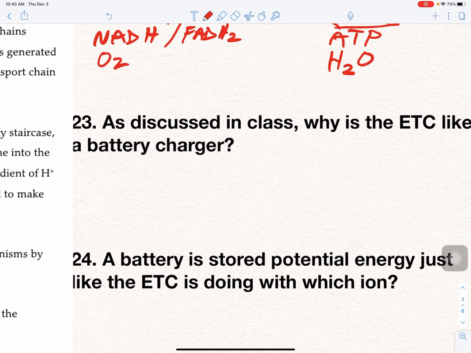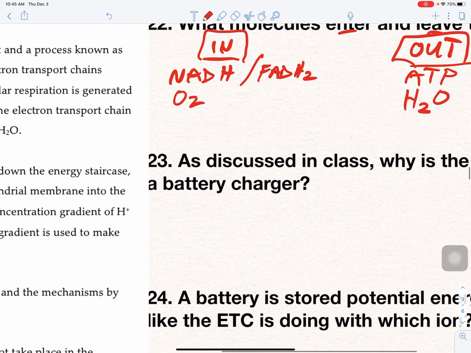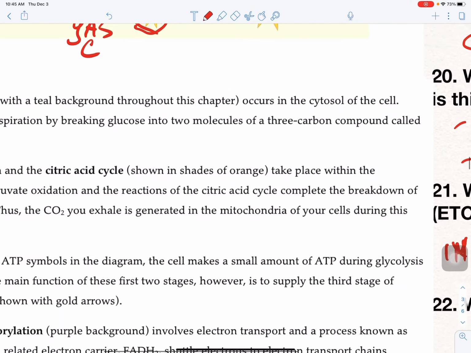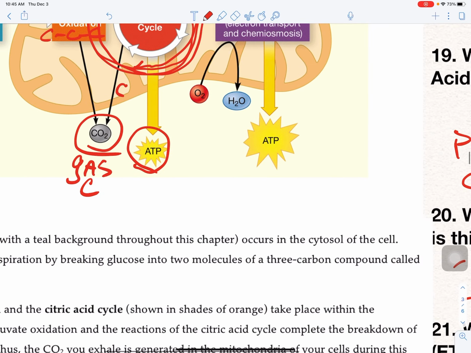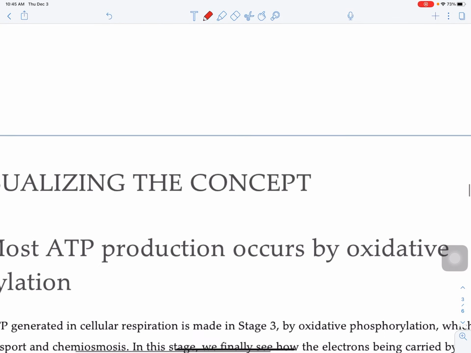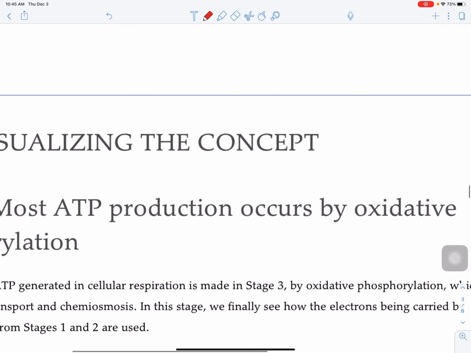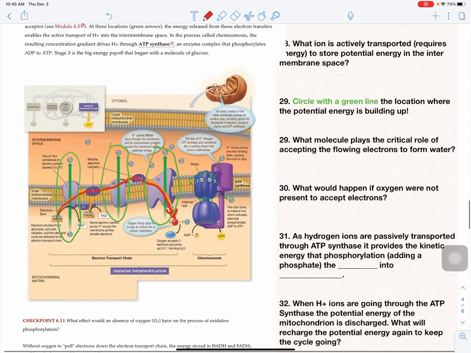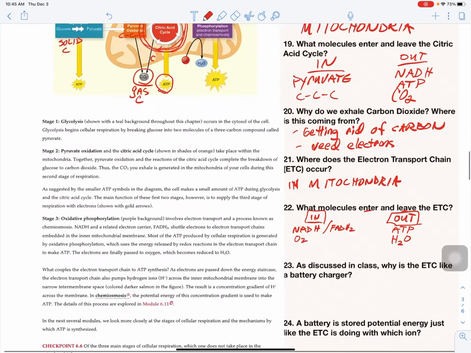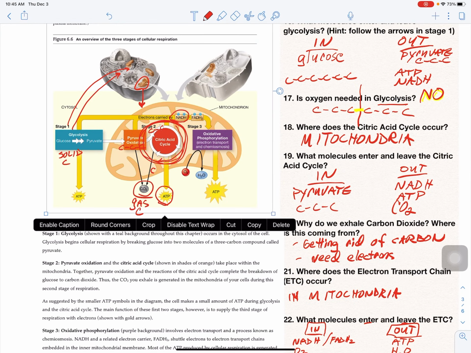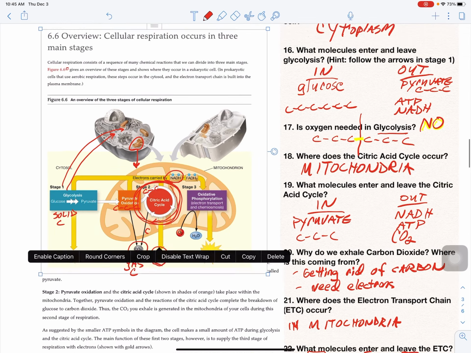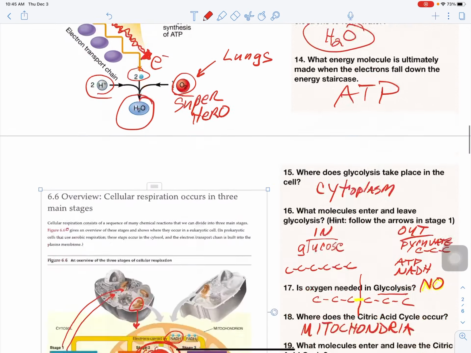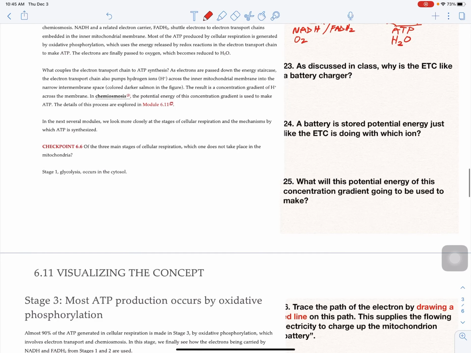Why is the electron transport chain like a battery charger? Well, we're going to get it in the next picture. So I'll slide down to the next picture. Before we do that, circle this paragraph right here.